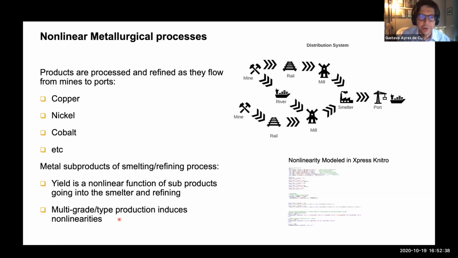And there are also grades and types of materials that need to be taken into account. We haven't taken all of these into account in our model, but the model was enough to prove that we could handle the nonlinearities. So that was the idea.